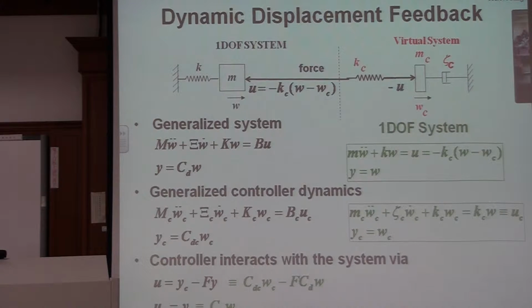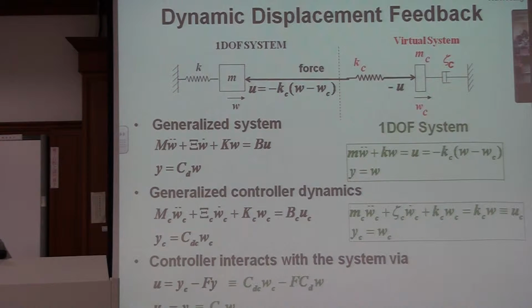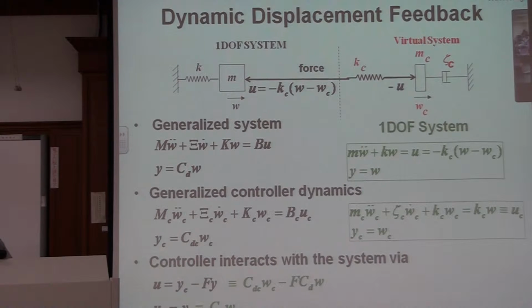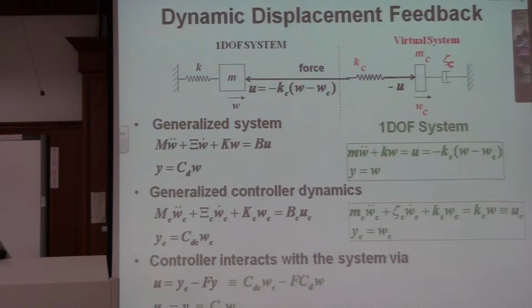I have a CDW that's related to my KC, but I generalize it. This CD is from this CD here, right? And this is W because Y equals CDW. U equals YC minus FY, and this FY is F CDW, and then YC is CD WC, so I have a WC here.